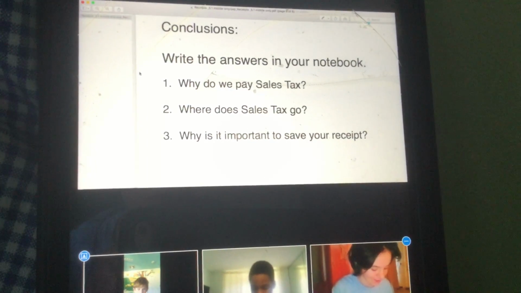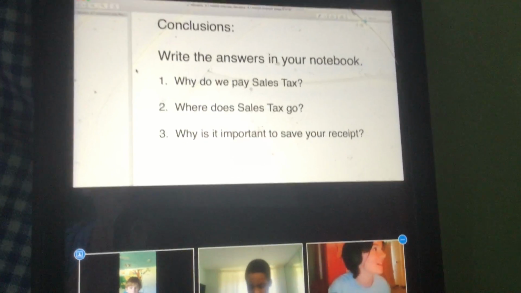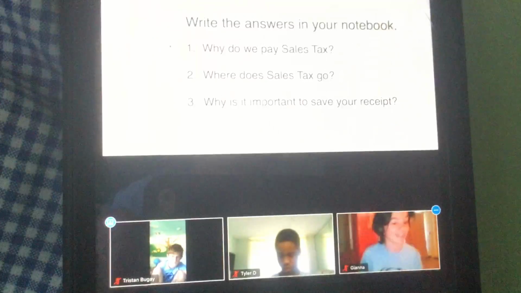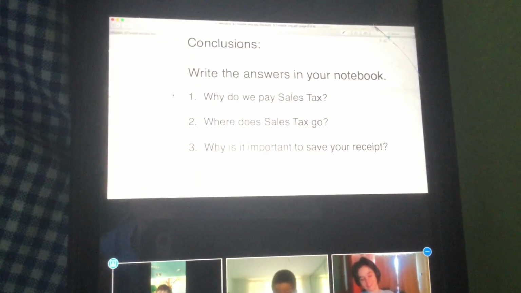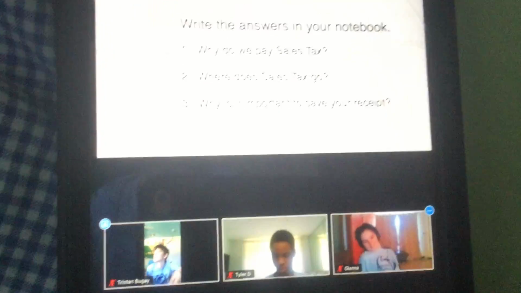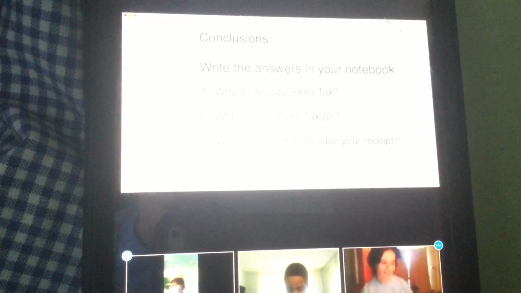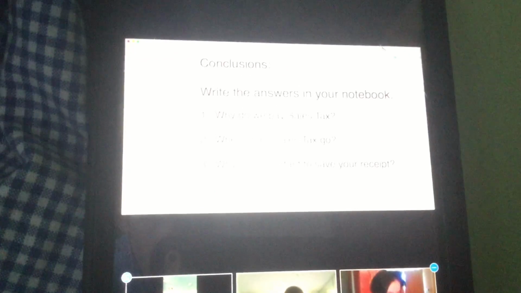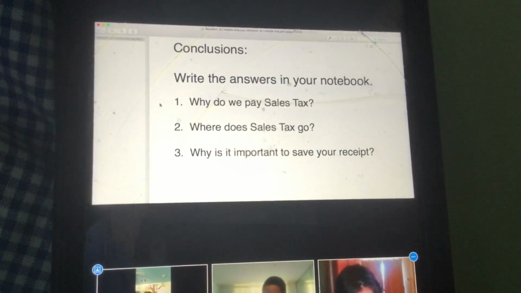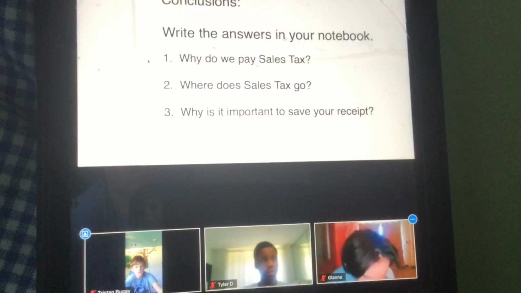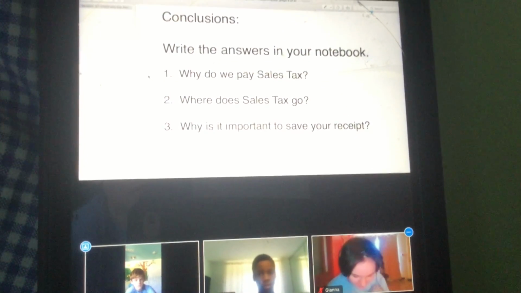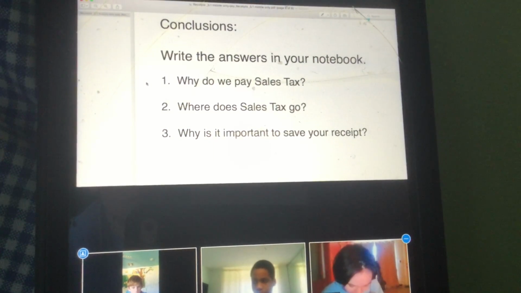Okay, why is it important to save your receipt? Jack, can you answer that question? Why would you need to save your receipt? I don't know. What about if you bought something and you didn't like it and you went back to the store? What would you need to prove that you bought it from that store?